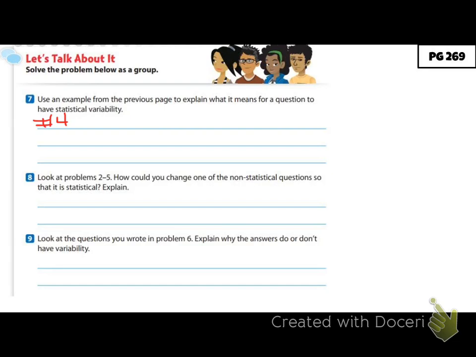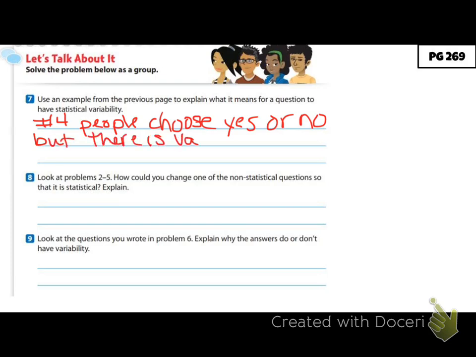Number 4 has people saying yes or no. Choose yes or no. But there is variability because there is not one exact answer.